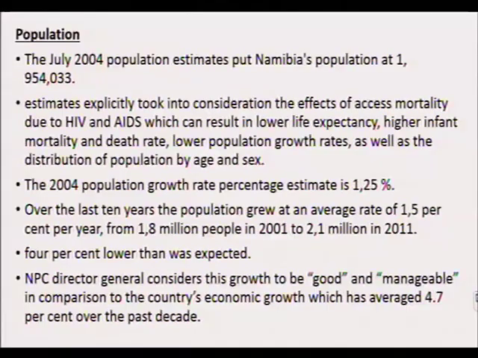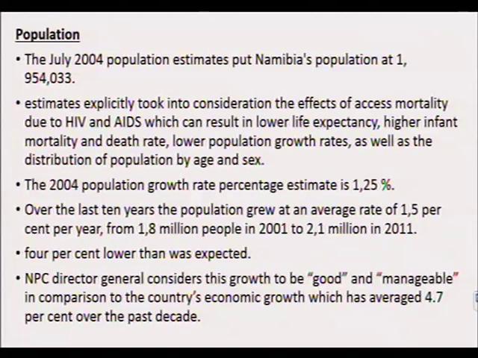These factors, of course, you need to consider in relation to the role they play in the socio-economic factors in Namibia. When we look at the population, which is the last factor I want you to consider, if we look at the 2004 population estimates, Namibia had a population of 1.954 million people, approximately.